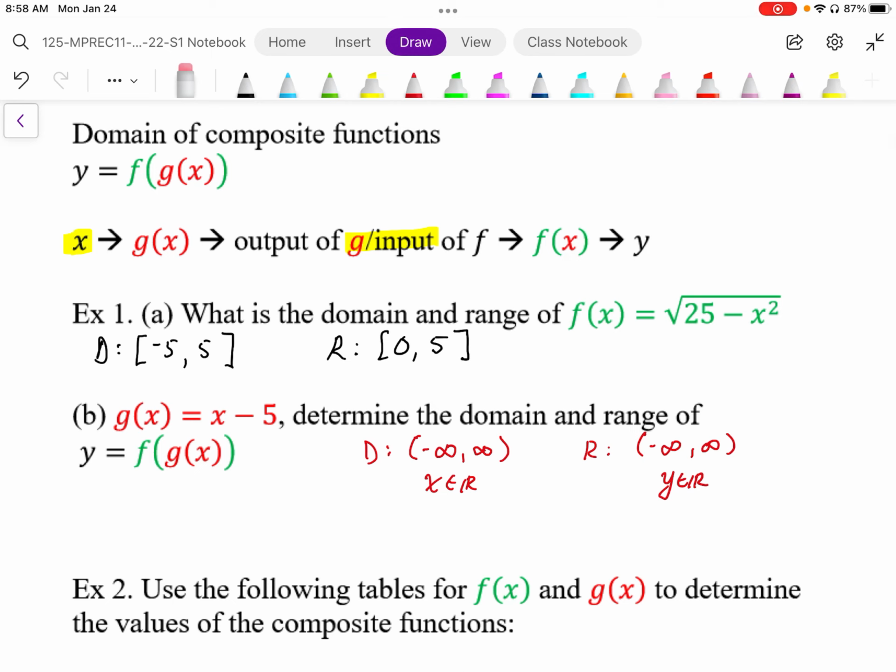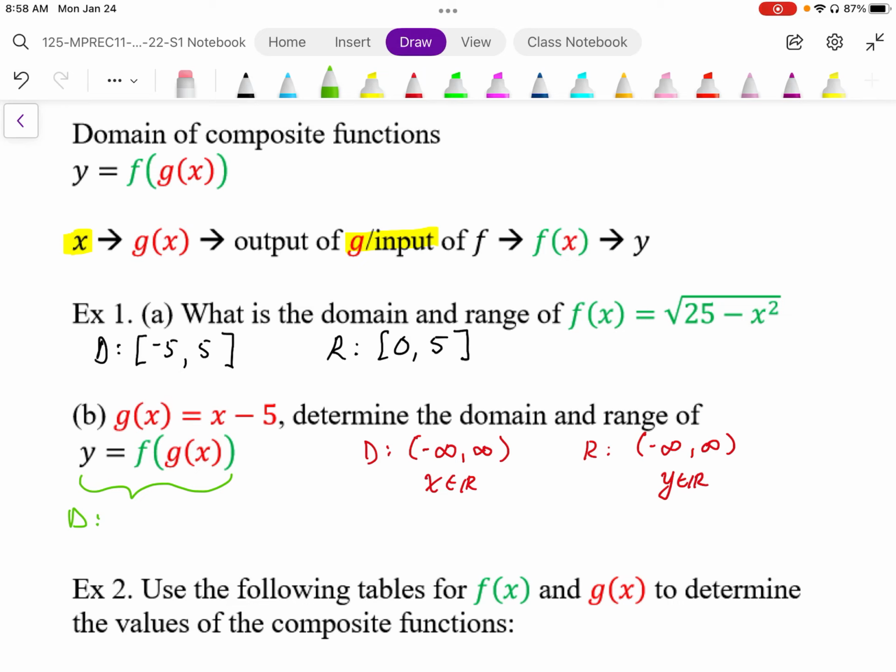If we want to determine the domain and range of this composite function, we can't put in x values that are going to give us values outside of the domain that we can get for our f. So the domain that we can put into f has to match the range of the g function.